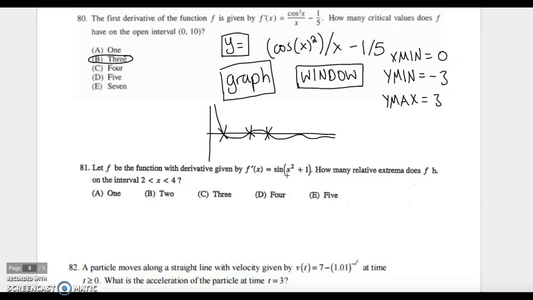So sine of x squared plus 1. And I'm looking between 2 and 4. So I'm going to change my window so that my x min is 2, my x max is 4, and I'm actually going to zoom in pretty far on my y as well, because your sine graph doesn't go very high, does it?